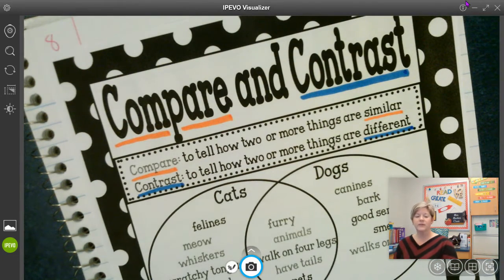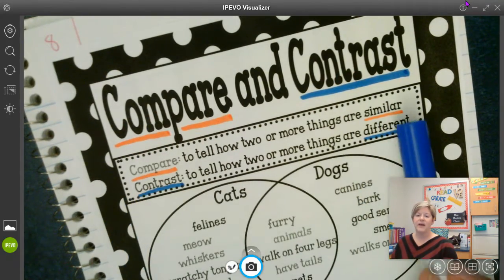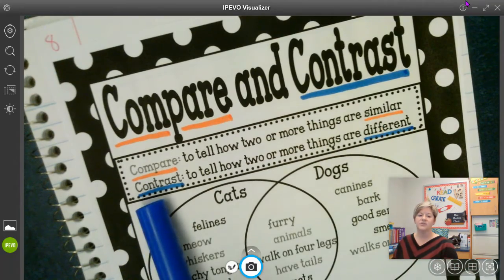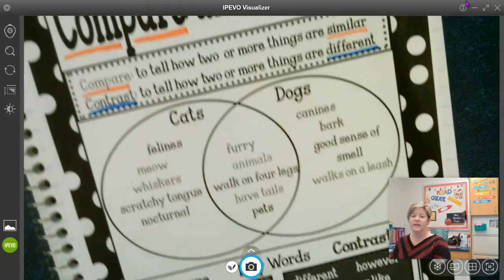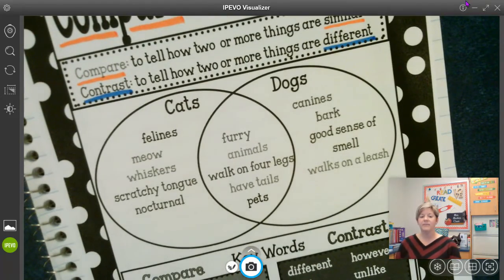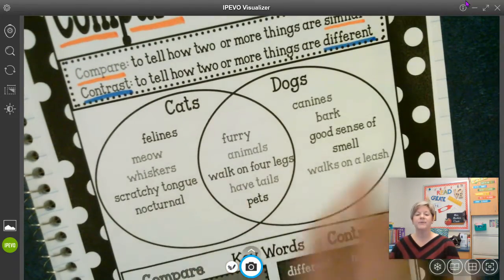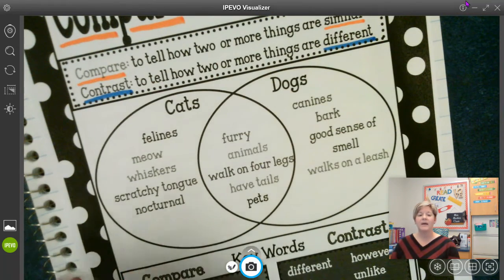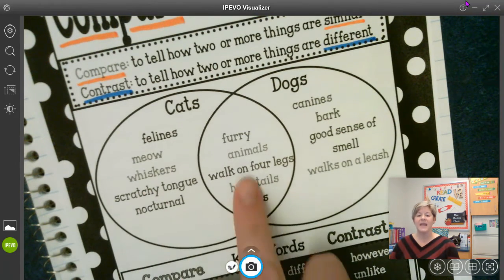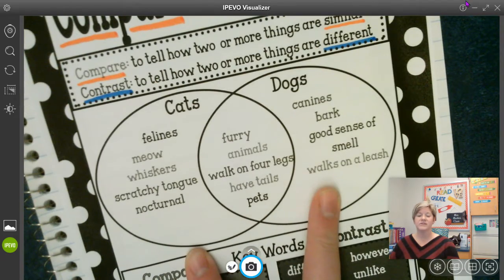So it's important we know the differences between the words compare and contrast. Compare means how are they the same? Contrast means how are they different? Down here, you're going to see a Venn diagram. This is a type of diagram that is commonly used to visualize how things are the same and then how they're different.